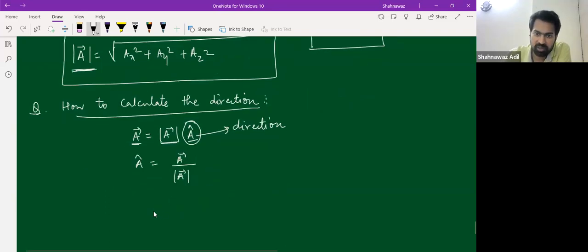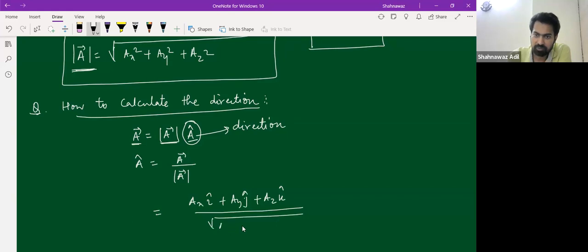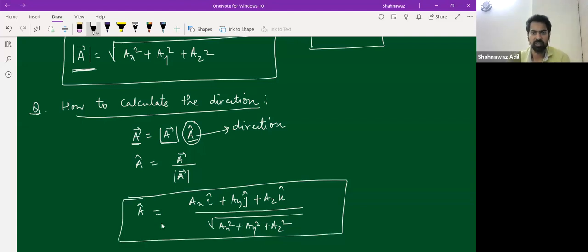This a vector is ax i hat plus ay j hat plus az k hat, divided by its magnitude. This is the unit vector which represents the direction. Understood, guys? So this is the magnitude, and this is the direction.